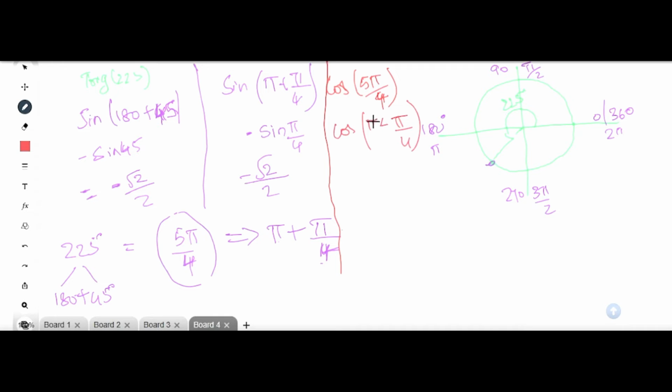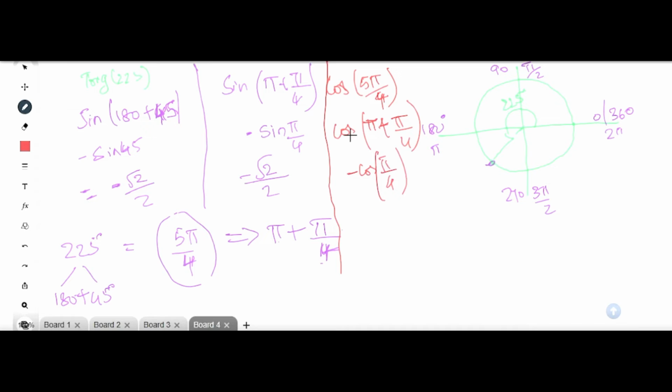And then we are supposed to find the cos for pi over 4. Yes, you're right. Say it confidently.